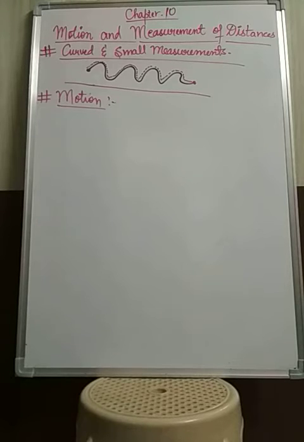So how can motion be described? Motion occurs when an object changes its location in space. This is complete space, and in that space if an object is changing its location, that is considered motion. So motion is actually a relative term rather than an absolute term.